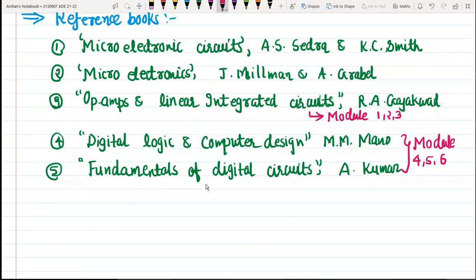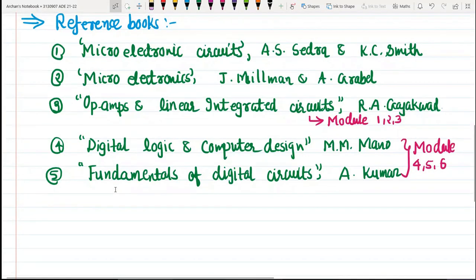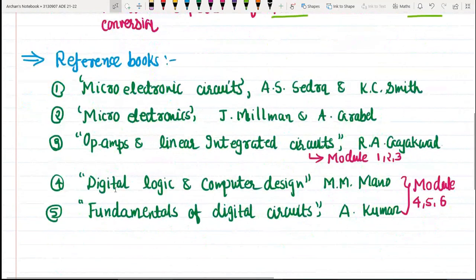For analog electronics, I would prefer Ramakant Gayakwad, and for digital electronics, I would prefer Maurice Mano or Anand Kumar. And these 2 books, Microelectronic Circuits as well as Microelectronics, are also good, but they are authored by foreign authors, right? So the language would be somewhat of a higher level compared to these 2 books, right? So these are the reference books which you need to prefer for the entire syllabus of analog and digital electronics.